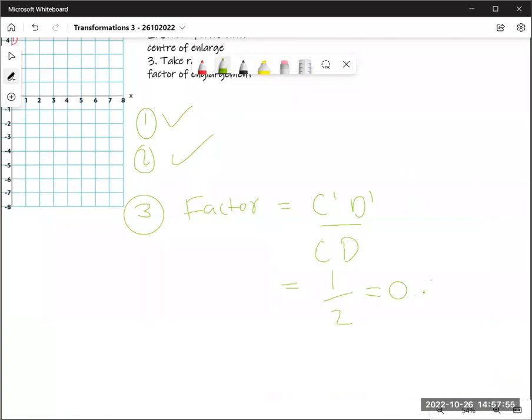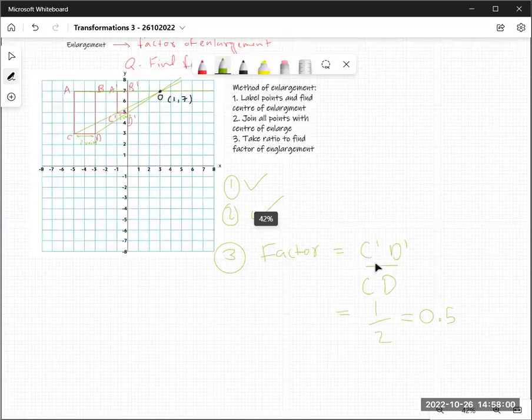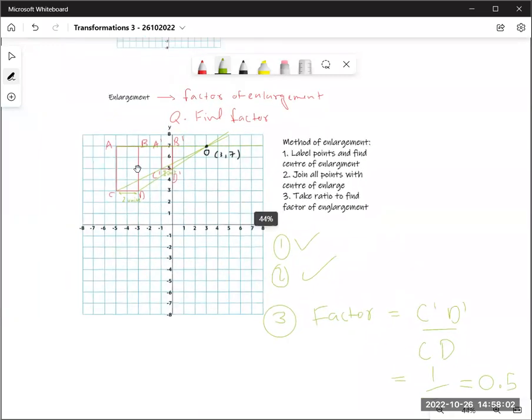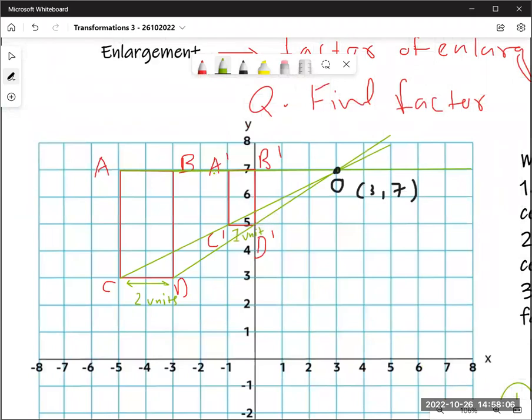Half, 1 by 2. The original shape is ABCD, right? And the final shape is A dash, B dash, C dash, D dash, right? That's how it works. The answer is 0.5 or 1/2.